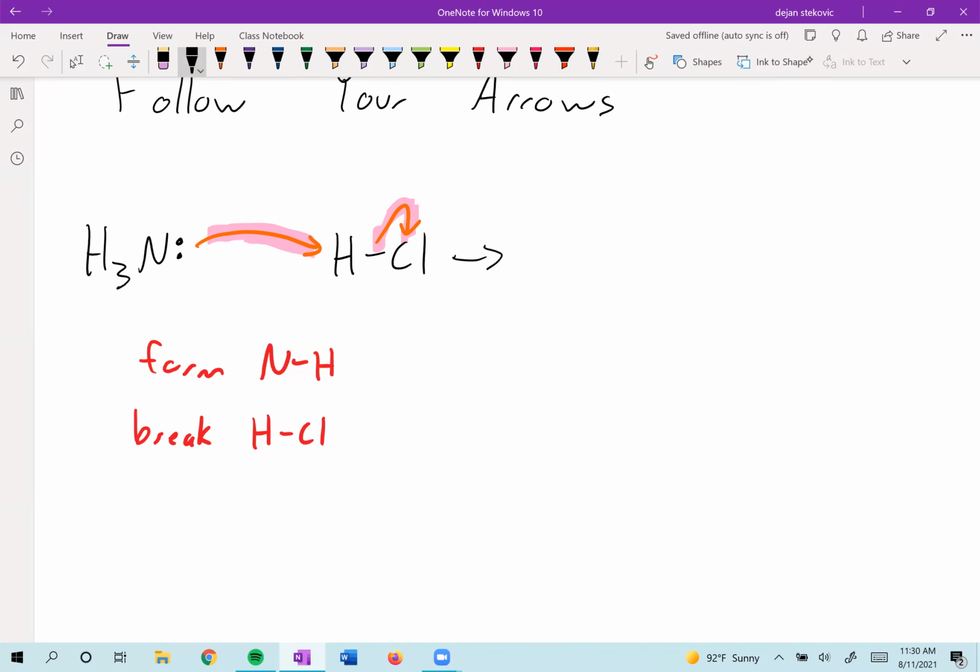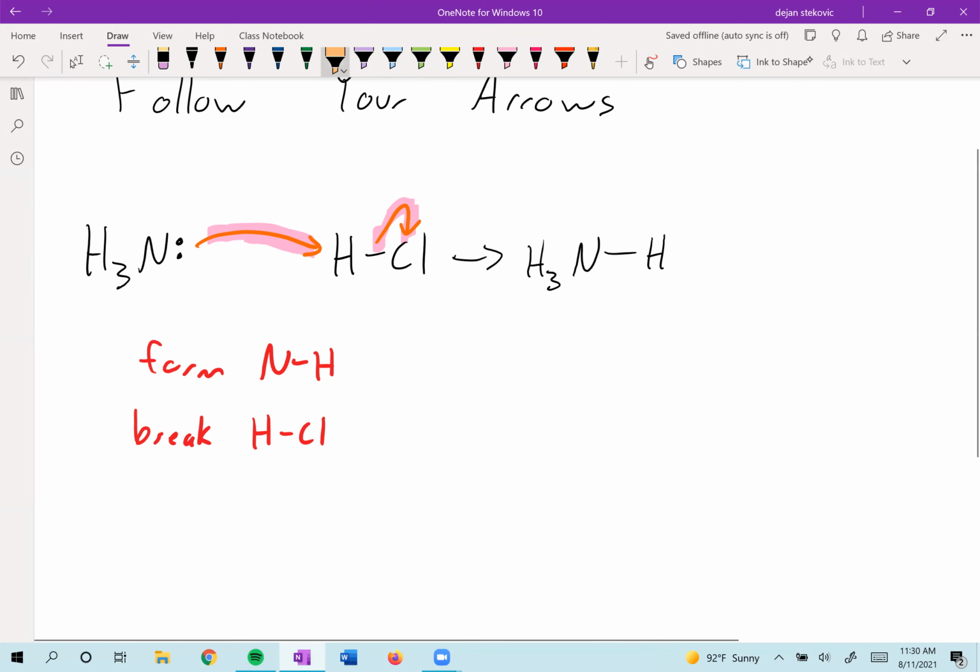And then if we think about the products here, right, we didn't touch this NH3 really, and now we formed another bond to this H. This nitrogen was neutral, but now it's lost electrons because it's donated its electrons into this bond. So that means that it's going to now have a positive charge.